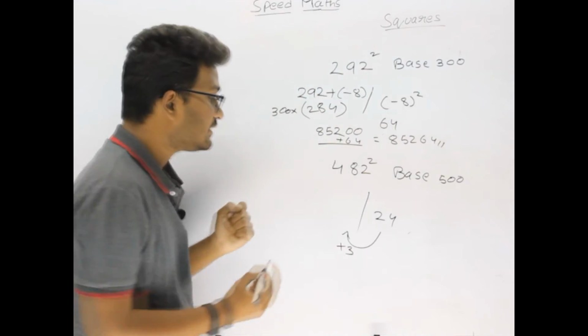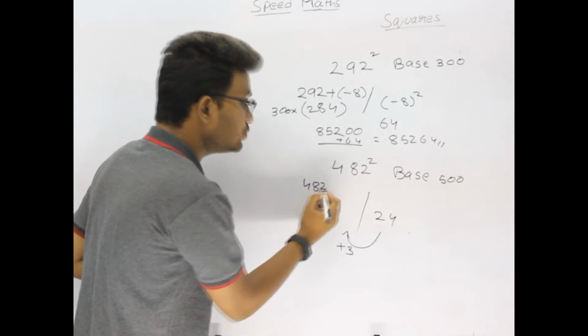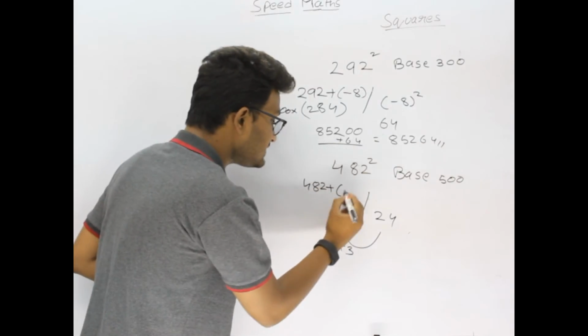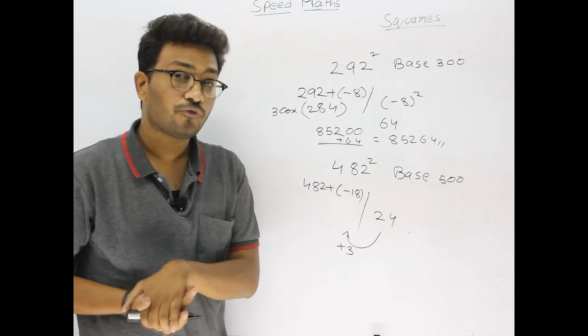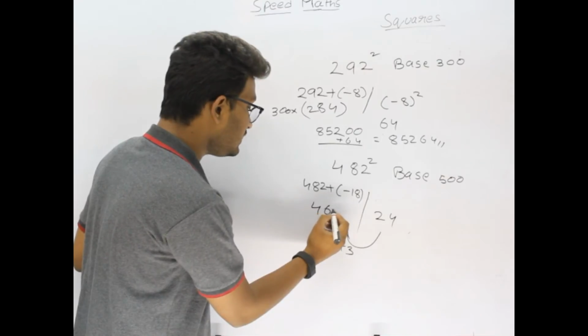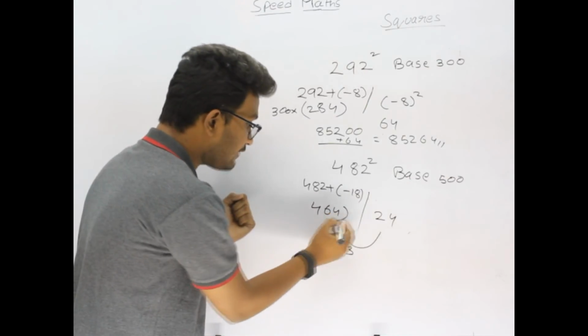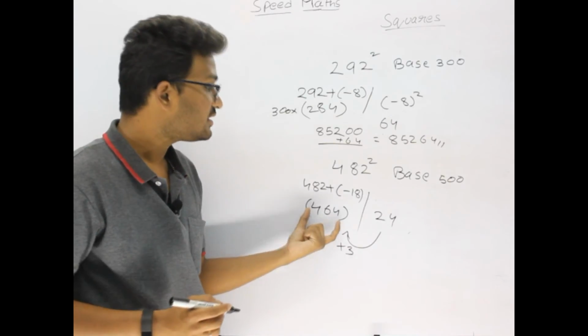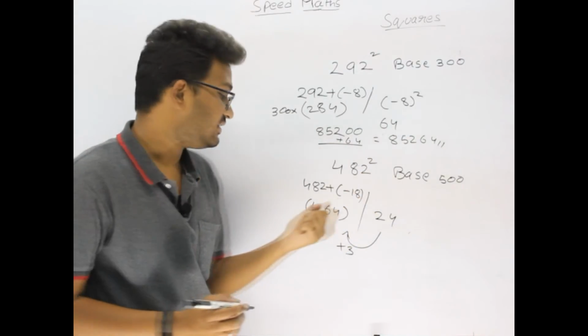Now what is part 1? 482 plus the distance, and the distance is minus 18. 482 minus 18 is 464. And now what we have to do is multiply this number, part 1, with the base, and base here is 500.